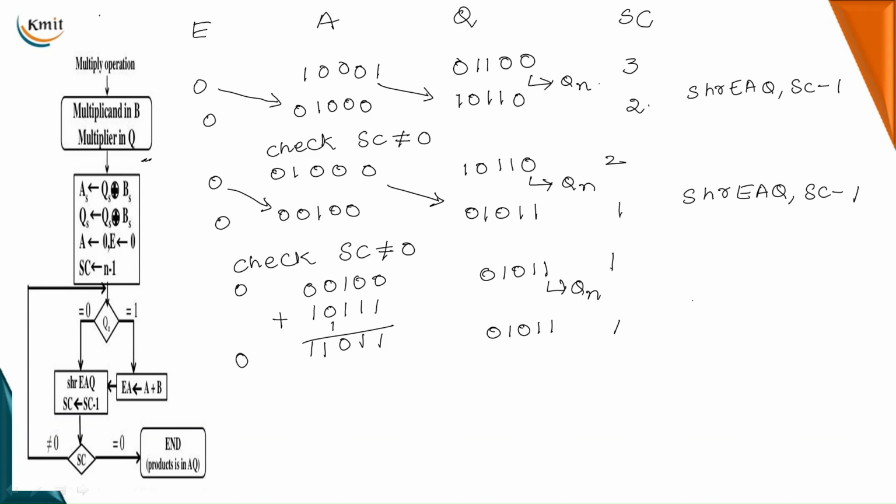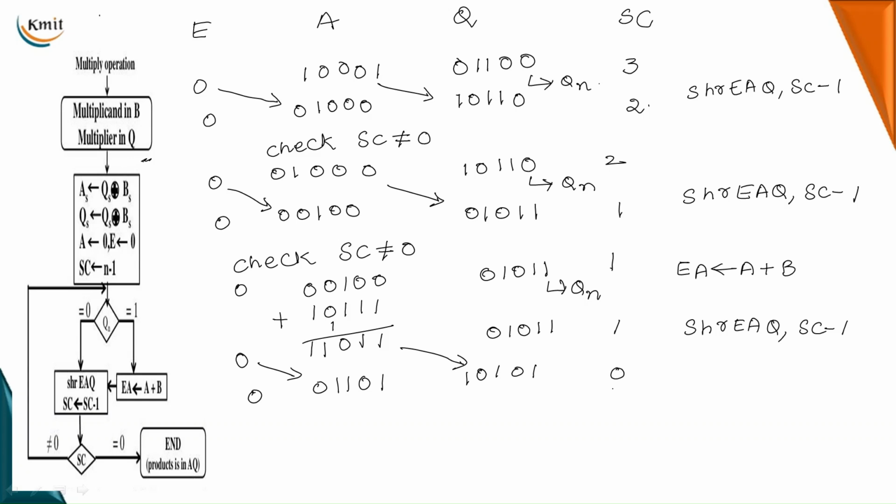Now here you are performing EA implies A plus B. So now you perform a shift right on EAQ and decrement your sequence counter. So now perform a shift right. It becomes 0. This becomes 01101. This becomes 0, sorry, 10101, and this becomes 0.